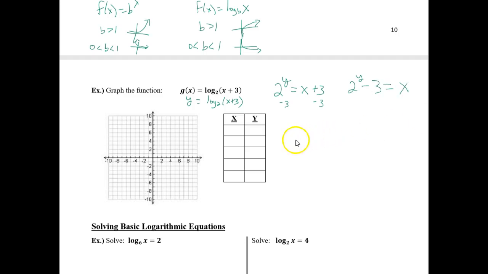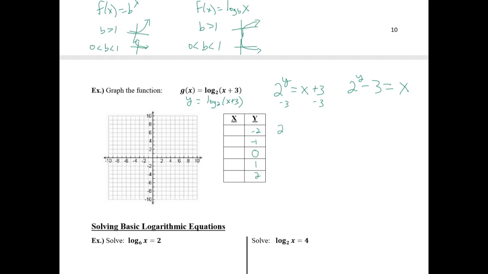Now I can start finding points for my table. Remember, we are going to plug in values for y and get out x values. So I'm going to choose some y values. Thinking about this exponent, I'm going to start with just 0 in the middle and then pick some on either side of that. And so those are my starting points.